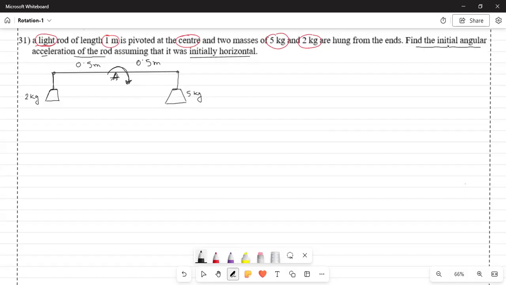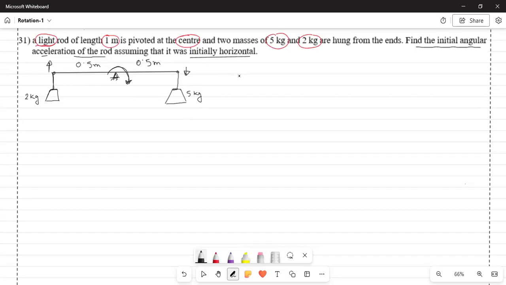That is all they want to know. So, this 5 kg mass gives a torque in the clockwise direction. And the torque of the 2 kg mass is anti-clockwise because it goes upward and this goes downward.